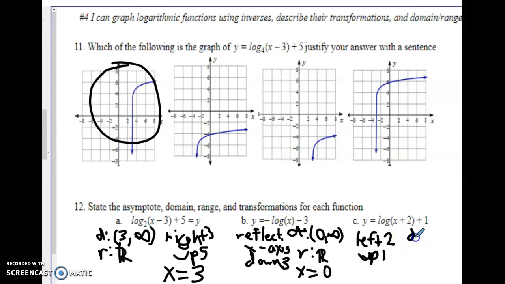So when you look at the domain, because the domain is affected by it and the domain was restricted, instead of going from 0 to infinity, now it goes from -2 to infinity. The range is not affected, it's still all reals. But now the vertical asymptote is x equals -2.